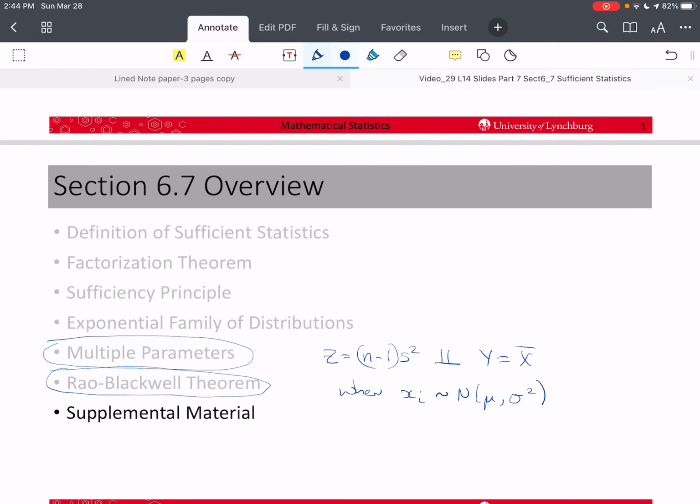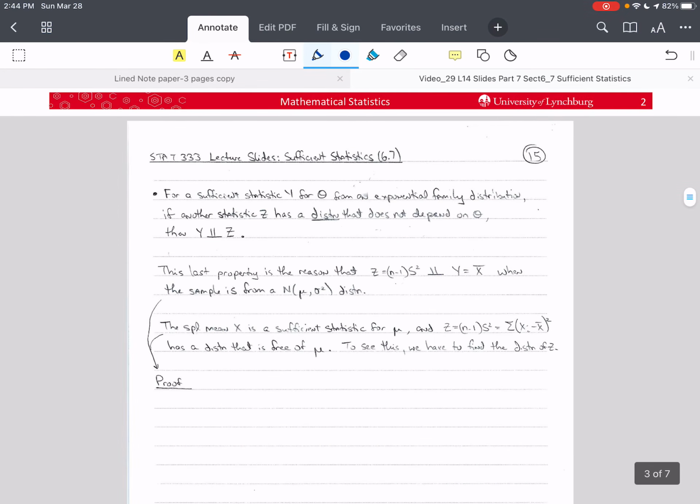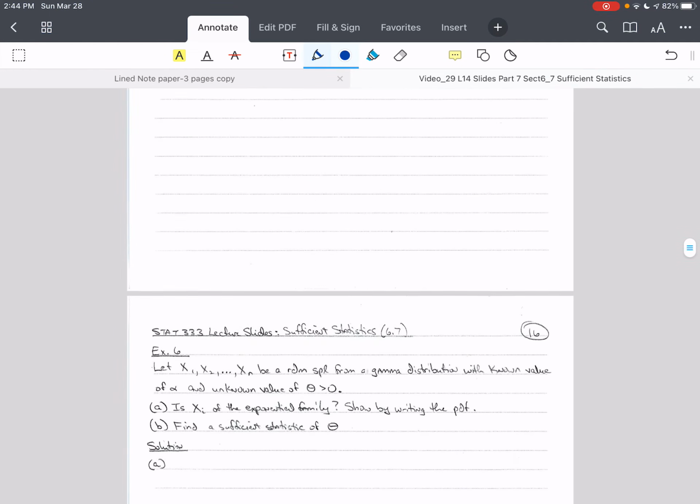That's what this first page is, where we did that proof.